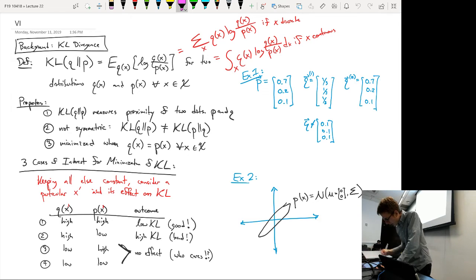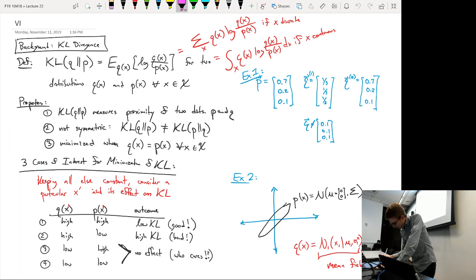Then we define Q(x) to be the product of two Gaussians: N1, which gives us a distribution over x1 given mu and sigma squared, times N2, which is a distribution over x2 given mu and sigma squared. Let's say these are specific to the distribution. Okay, so this is actually a mean field approximation.